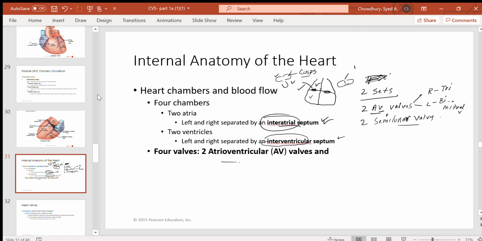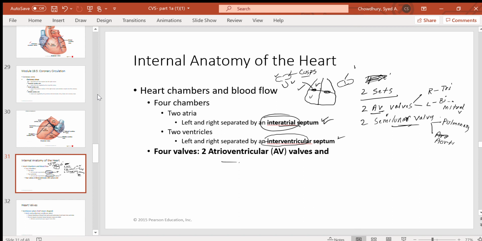Mitral valves. And semilunar valves, also two, right? One is pulmonary and another is aortic. Now their names are telling you where they are located.